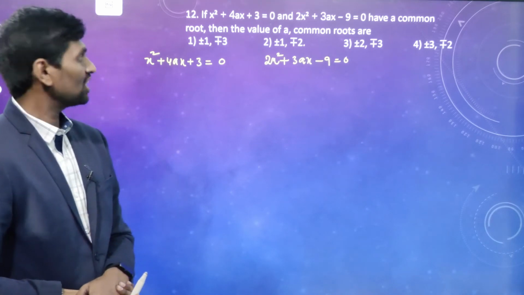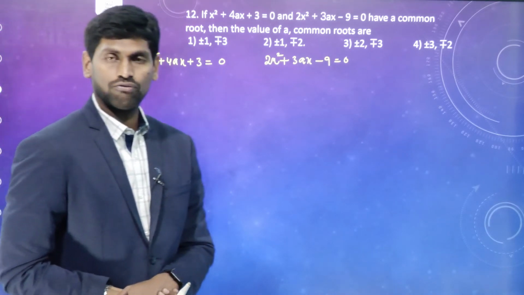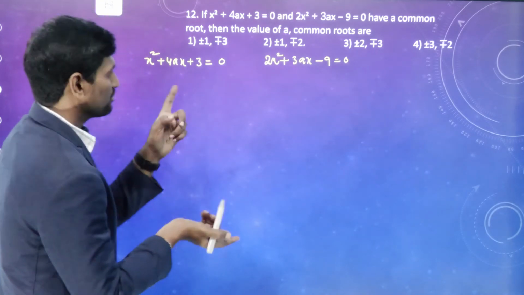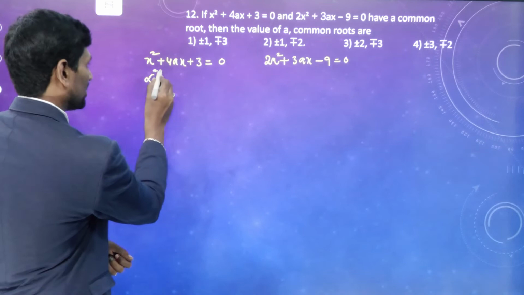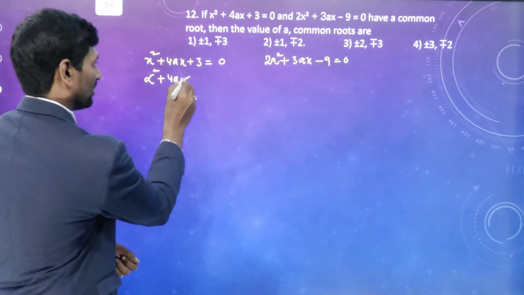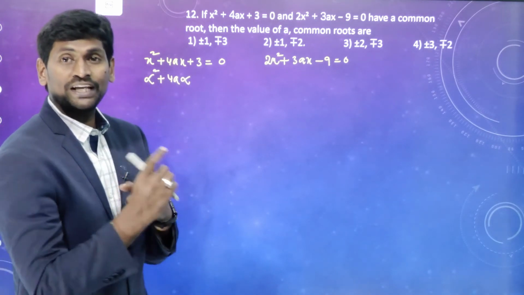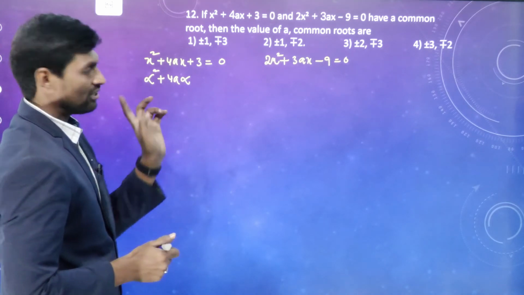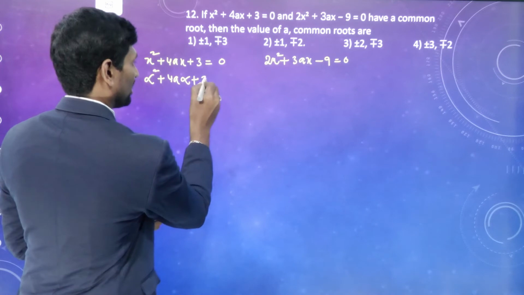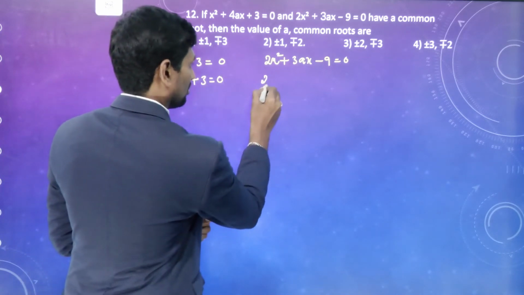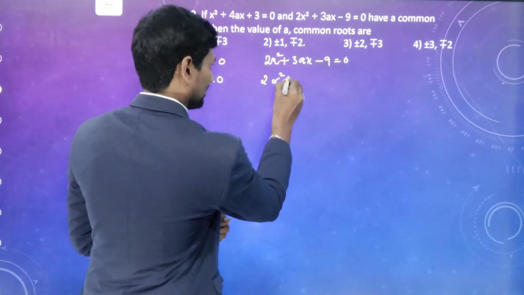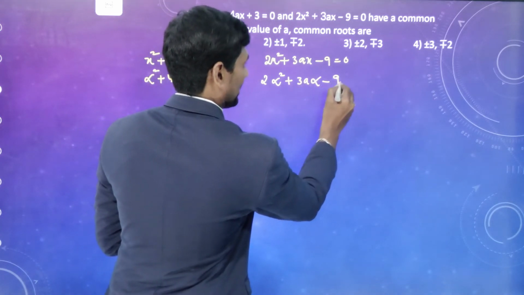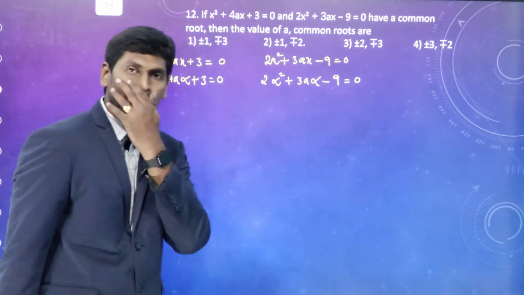So let us take the common root as alpha. Let the common root of both the equations be alpha. I am substituting here: alpha square plus 4a alpha. Substitution means in the place of x only we should substitute. So x square becomes alpha square, plus 3 equals 0. Here also, 2 alpha square plus 3a alpha minus 9 equals 0.